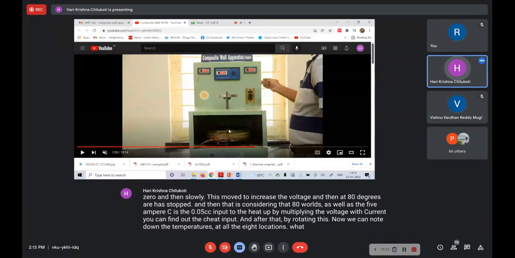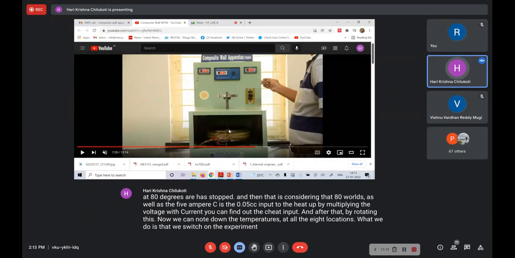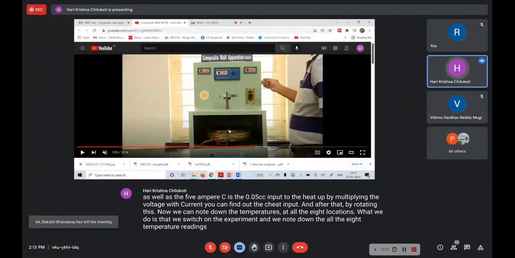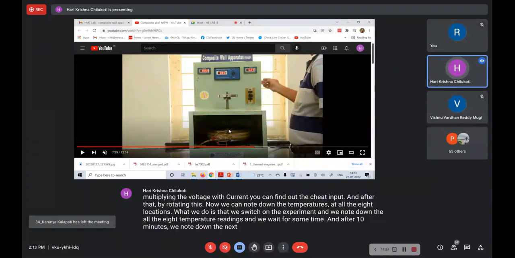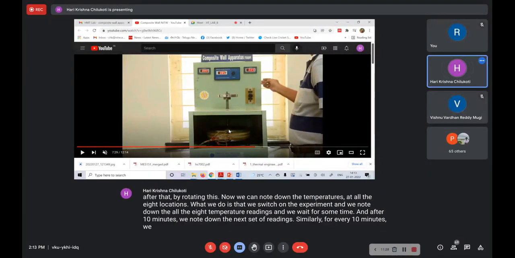What we do is that we switch on the experiment and we note down all the 8 temperature readings, and we wait for some time, and after 10 minutes we note down the next set of readings. Similarly, for every 10 minutes we note down the new set of readings.